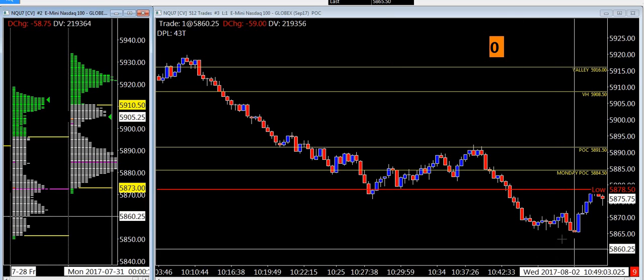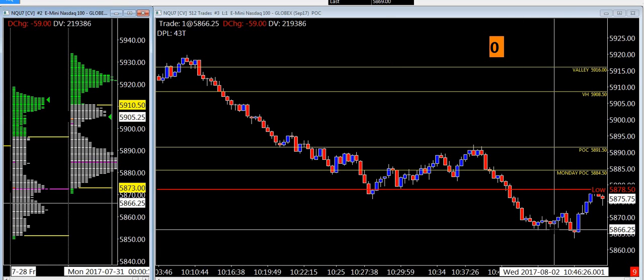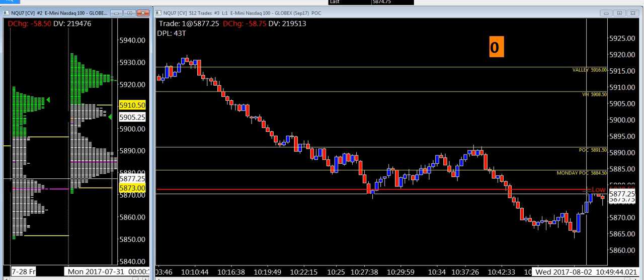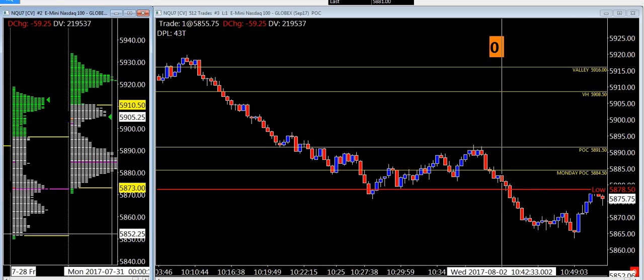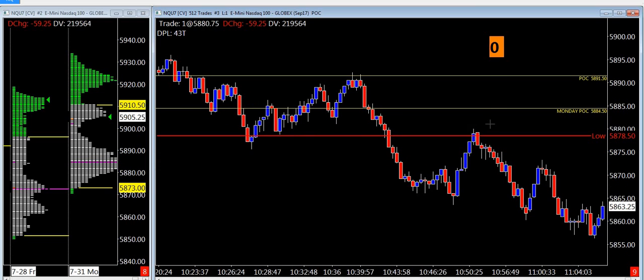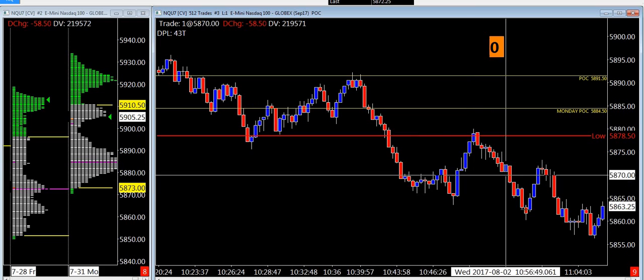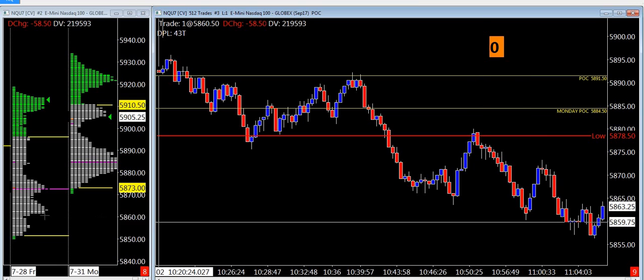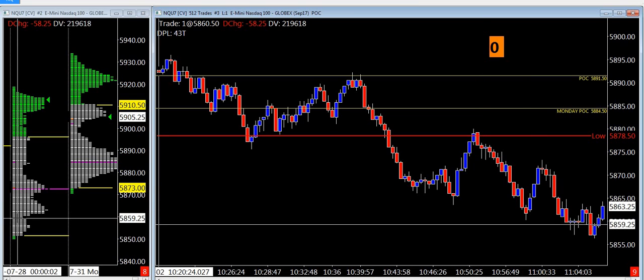And you could have taken this long from there, because it bounced off of it. Close enough. I mean, it's within a tick. You could have taken this poke bar and taken it up to the extreme level. And there it goes. Right up to the extreme, and then down it goes. We kind of bottomed out in this little gap area here, this little valley low area here.